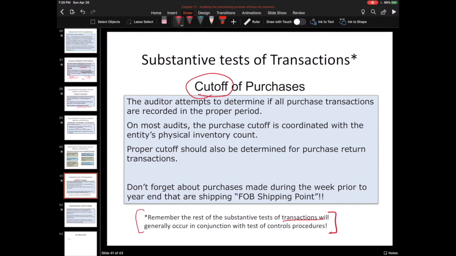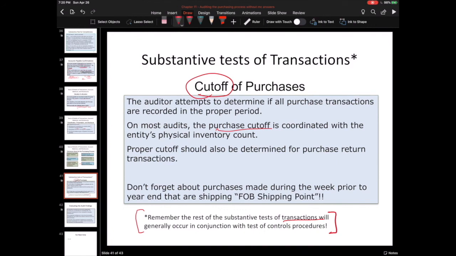So all of those are being tested along with TOC apart from cutoff. So that's the same thing that's happening here. Very similarly to in revenues, when we're testing purchase cutoff, basically we're just looking at the last week or two of the year and the first week or two of the following year to make sure things are being properly classified in the appropriate period.